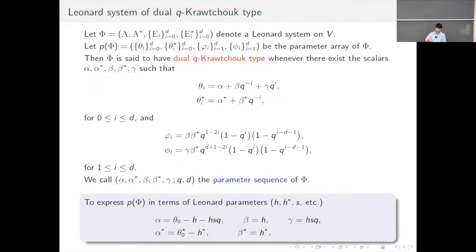In fact, when we have the Q-Racah polynomials, in this limiting case with r1, r2, and s star tending to 0, the Q-Racah polynomial becomes the dual q-Krawtchouk polynomial.